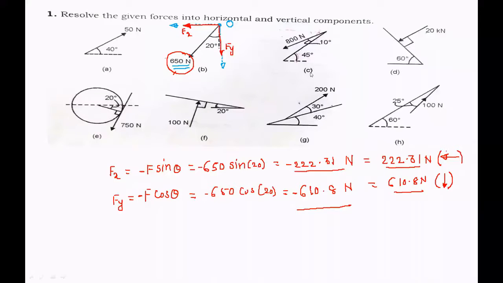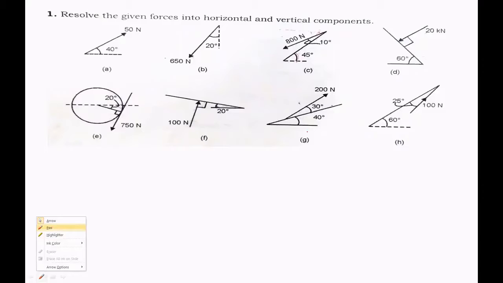Now consider this case C. Refer to this. Now in this case, the angle is not given directly with respect to either the x-axis or y-axis. Okay. So I will redraw this figure. This is one horizontal line given.